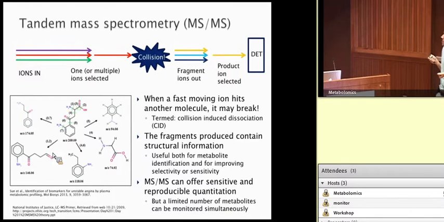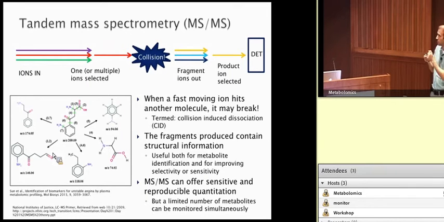Well, what we can do is pick one or even multiple of those ions going in, and then have those ions collide with some other molecules floating around. And when a fast-moving ion hits another molecule, in this case usually a neutral gas molecule, it might break. And it might break in a way that you wouldn't really think a chemical reaction could happen. That's a lot of energy, and there's nothing else floating around. There's no liquids in solution.